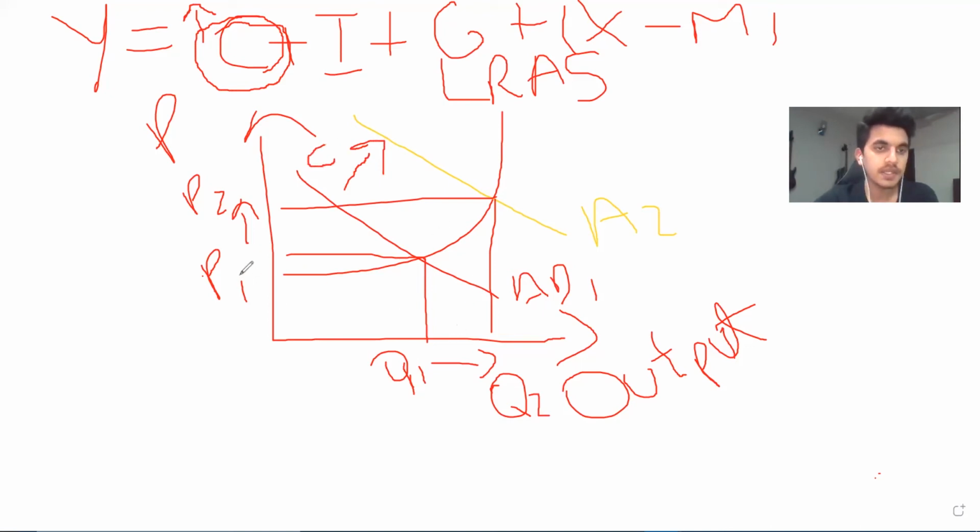So this would actually increase the general price level in the economy, causing inflation. But on the other hand, it would increase the output of the economy and potentially reduce unemployment. So this is how the expansionary fiscal policy works, and the contractionary fiscal policy is actually the exact opposite of all of this.